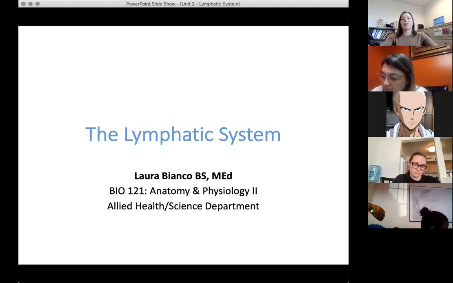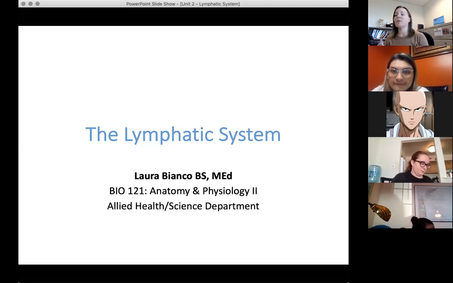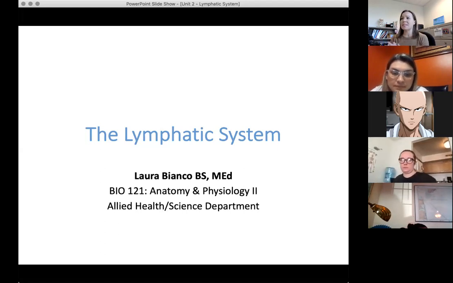All right, so let's start with the lymphatic system outline. I do have it pulled up, what I've provided for you guys, on my computer. So I'm going to go through that using the PowerPoint that I'm showing right now, just to help fill in some of the gaps here. So starting with page 1, you already do have the main components of the lymphatic system listed for you.